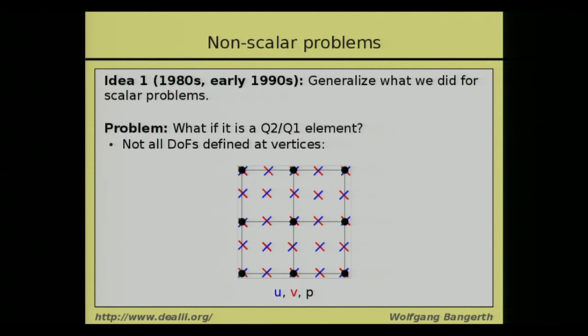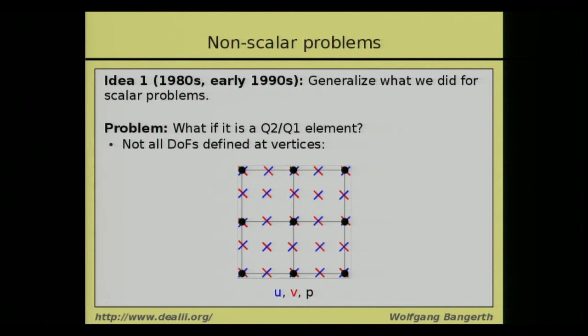So in that case, I have the vertices of my cells. This is where I have the x, y, and p velocity defined, but then also at the midpoints of the edges and at the center of the cell, I also have additional velocity degrees of freedom, but no pressure degrees of freedom.